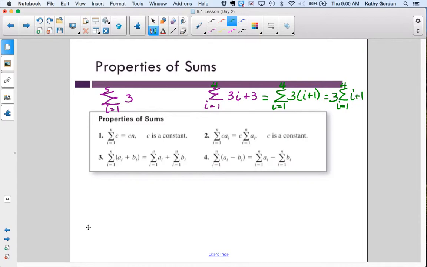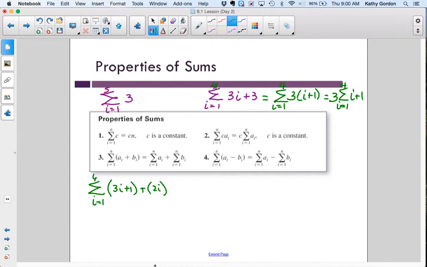Okay, property number 3 says that if you end up taking the sum from i equals 1 up to, let's say, 6, and for whatever reason, you end up with 2 different functions that you're trying to work with. So maybe you've got a 3i plus 1, but then you're also adding 2i to that.